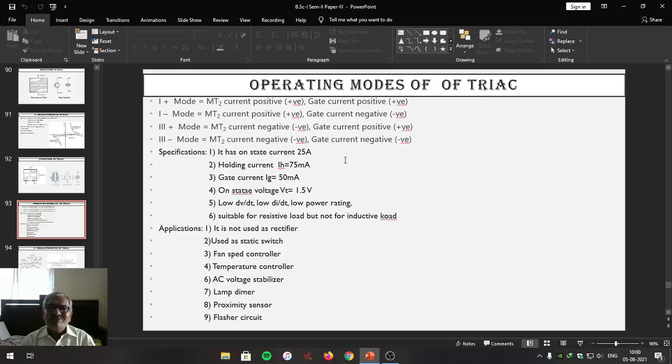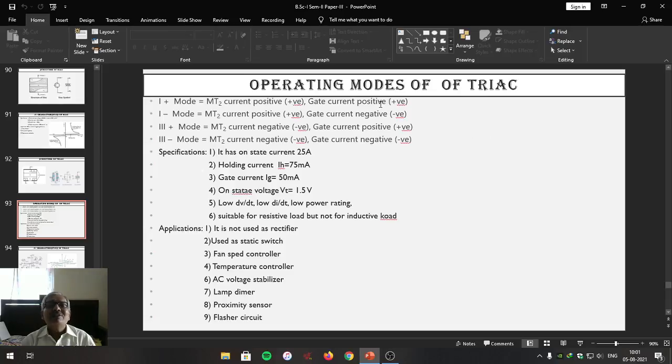So that is the reason why we can call the triac a bidirectional device. One can control the current, get current in any direction. That is the speciality associated with the triac, because the gate is also common for N region and P region. MT2 is also common for N region and P region.